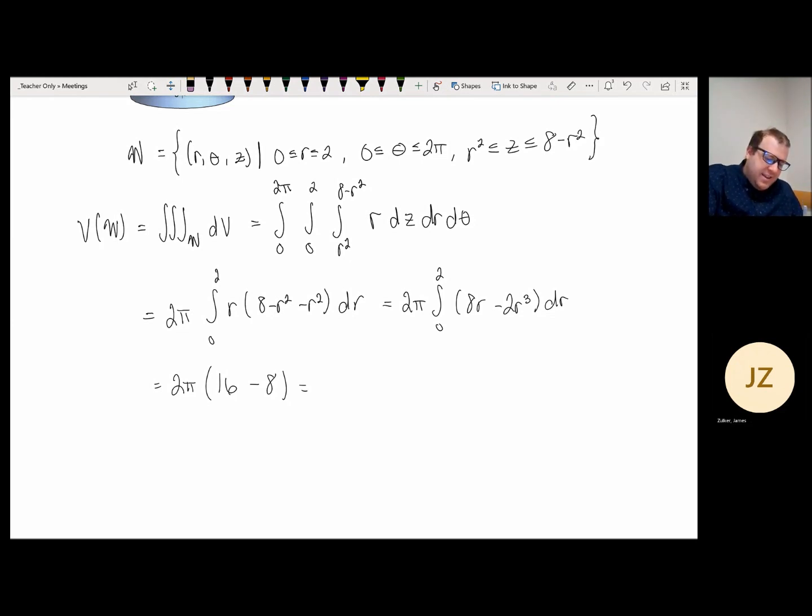So 16 minus 8 is 8, times 2 pi. Our volume is 16 pi. And again, those are just little tricks that I picked up in my years of doing multiple integration to try and save time.